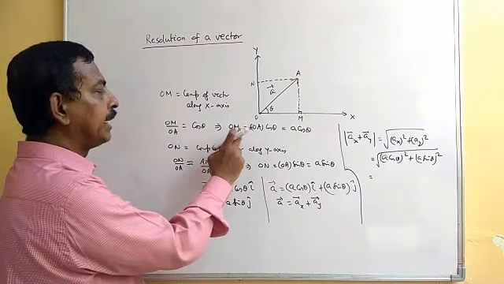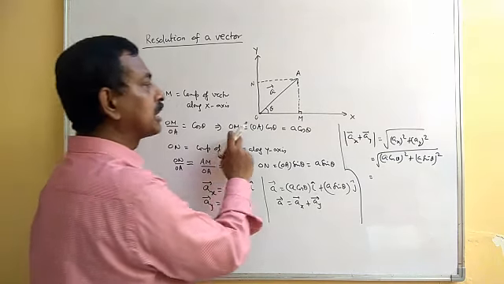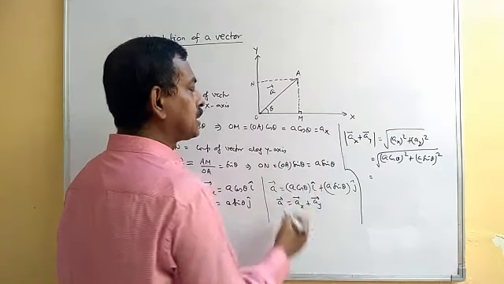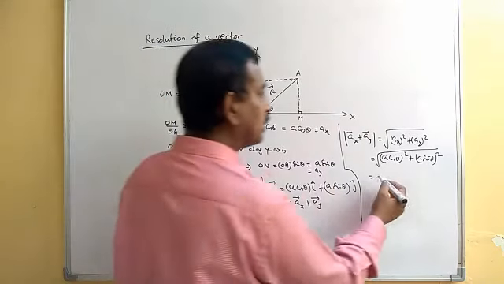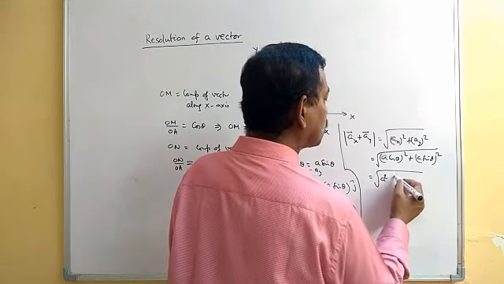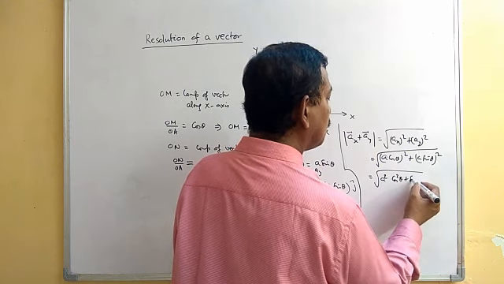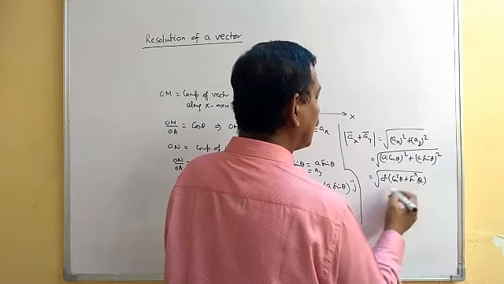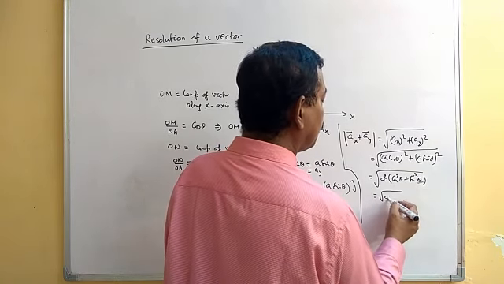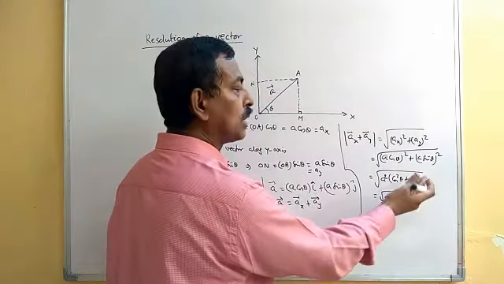This was your X component of the vector, this is basically your AX. This is your AY. So here you have the square root of A square into cos square theta plus sin square theta. Cos square theta plus sin square theta is 1.